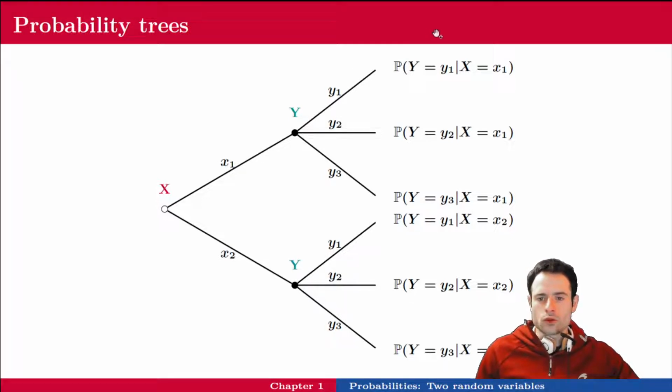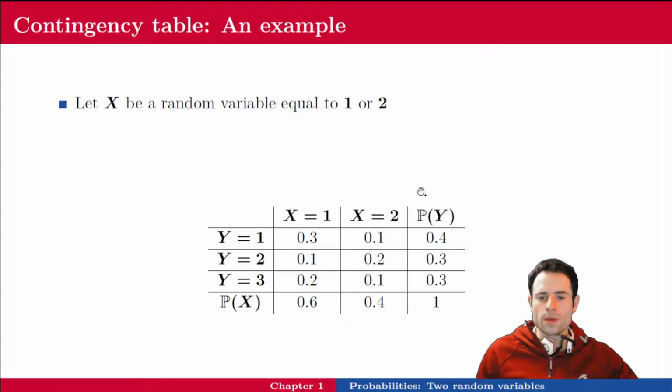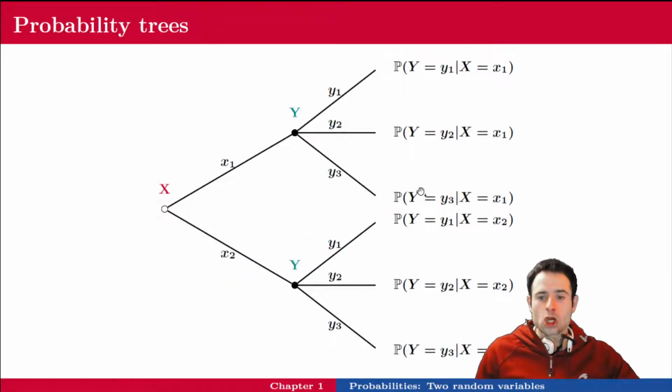So, the numbers you get at the end of each branch will be conditional probabilities. Here, for instance, the first one, this is the probability of y being equal to y1 given, because we are already here, we are already in the case where x is equal to x1. So given that x is equal to x1.